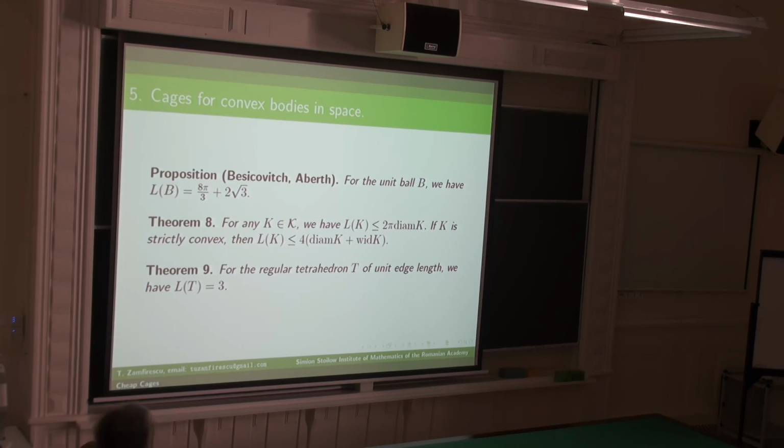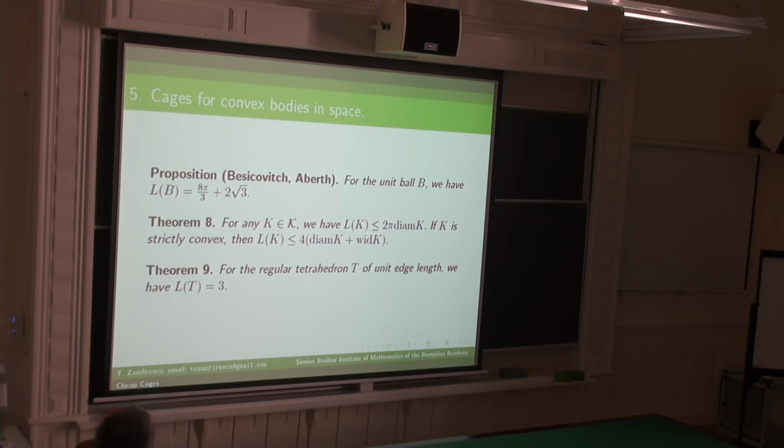Theorem 8 gives a general upper bound, because it's quite difficult to give anything better than an estimate if you don't know anything about the convex body. And here we know nothing. So we have this bound here: first, smaller or equal to 2 pi diameter of K, and then if it is strictly convex, we can improve it to this.